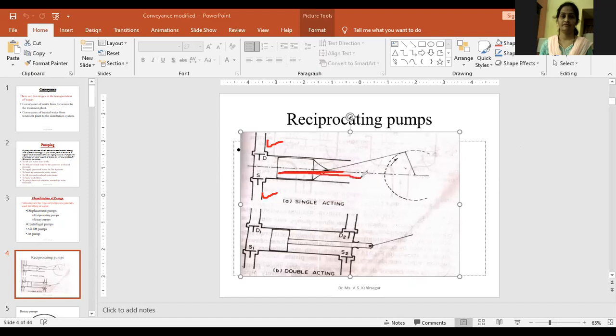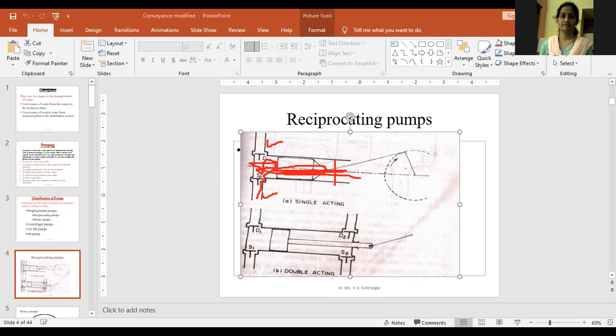So when it is pushed back, at that time what happens? Some valve will get open and water will be allowed to enter through this way into this chamber, and it will be filled up to this portion as it goes back. In the next round, the piston will be pushed forward.